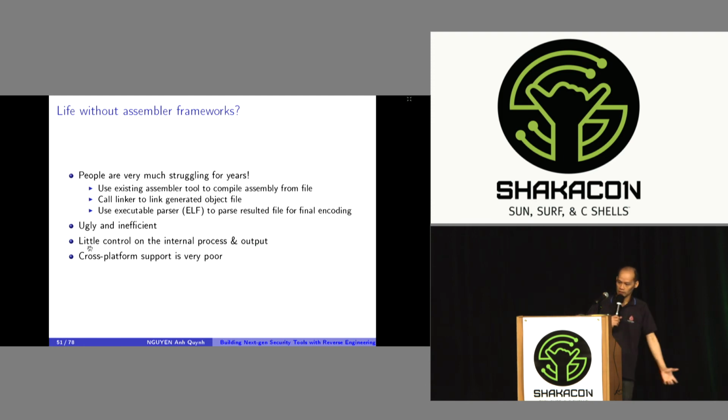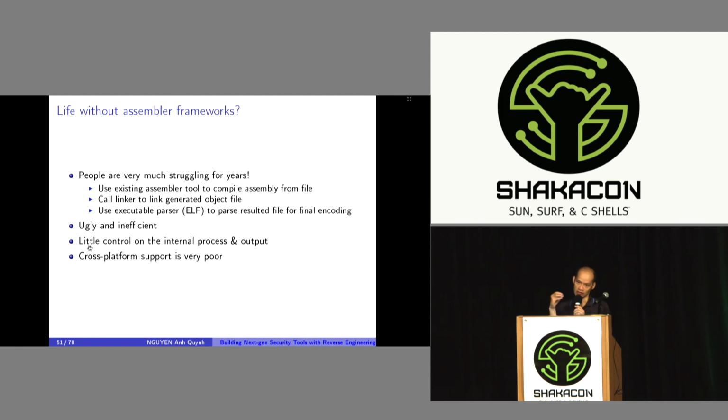Without an assembly framework, people struggled for many, many years. Because when you want to compile assembly code to get back the binary, you have to use some assembler tool, not a framework, because there's no framework. And the output of the tool is something like object code.